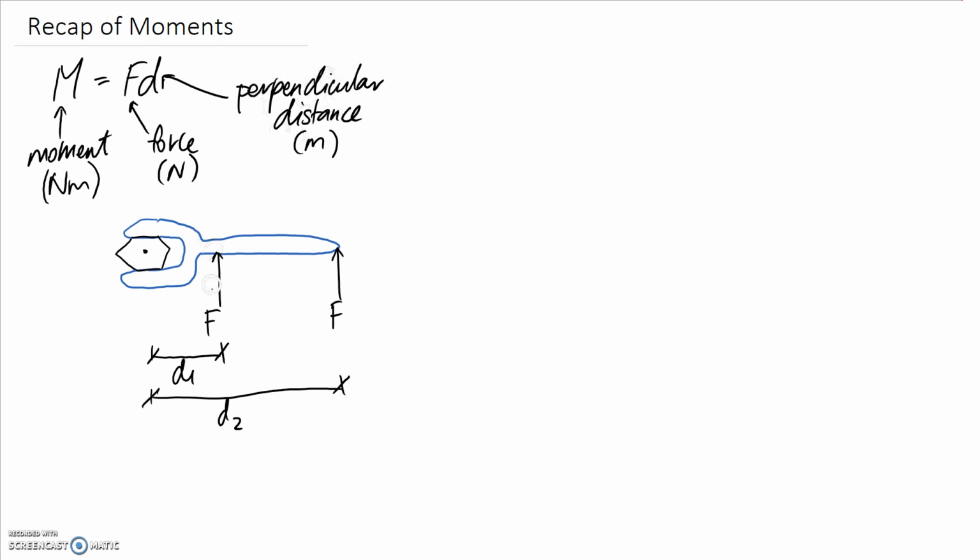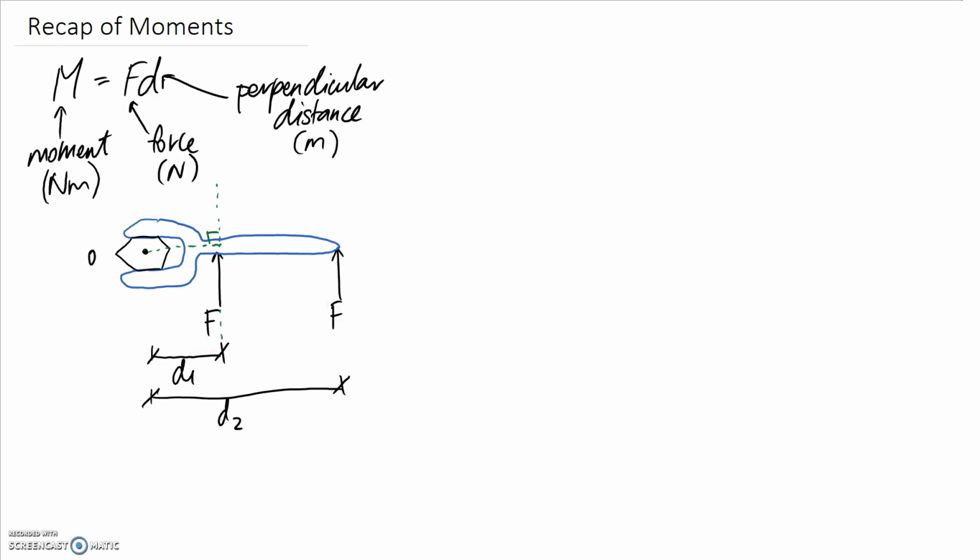The reason is that this force is applied vertically, and we're then measuring the distance back to our point of interest, the center point of our bolt, let's call it O. If I dot it in, when it's a little less obvious, you have this line of action for your force, and if you drop a perpendicular line back to your point of interest, the distance of that line is the one you're interested in for calculating the moment.